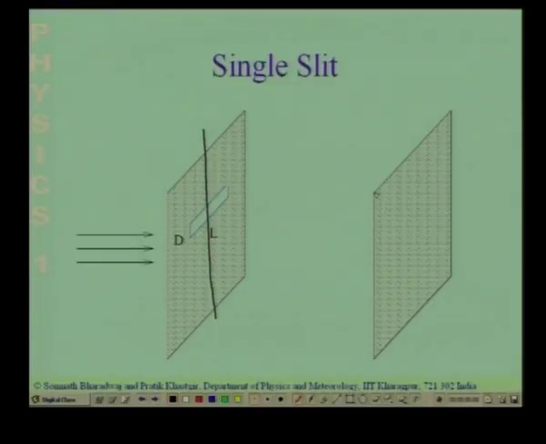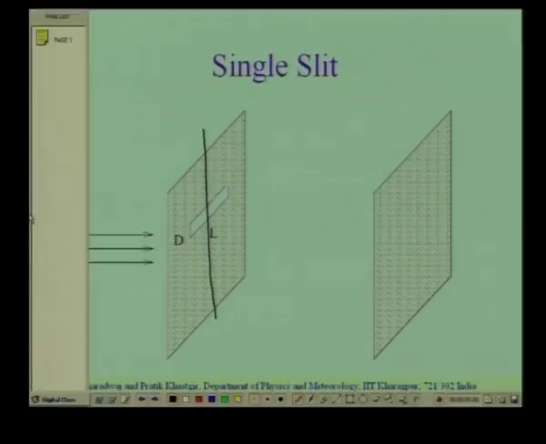We are interested in the intensity on a screen which is sufficiently far away, so that the secondary wavelets that come out from the sources in this slit may be, to a good approximation, treated as plane waves by the time they reach the screen. So, we have a plane wave coming into the slit, and we have plane waves going out.